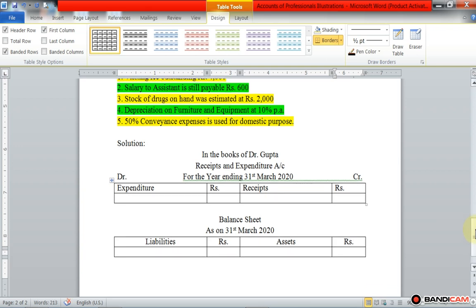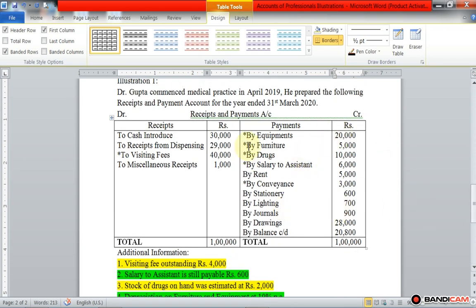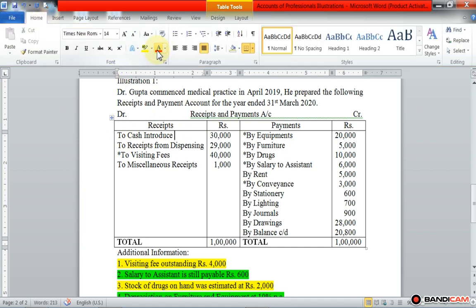Now we transfer all the items of the receipt and payment account to the receipt and expenditure account and the balance sheet. First of all we transfer the receipt side. Here, to cash introduced: it is cash introduced to start a profession, so it is a capital.